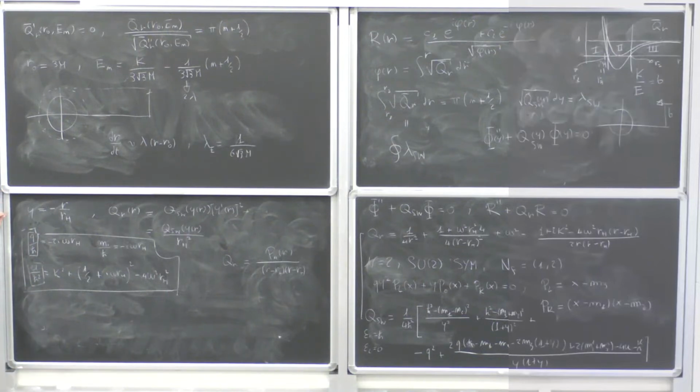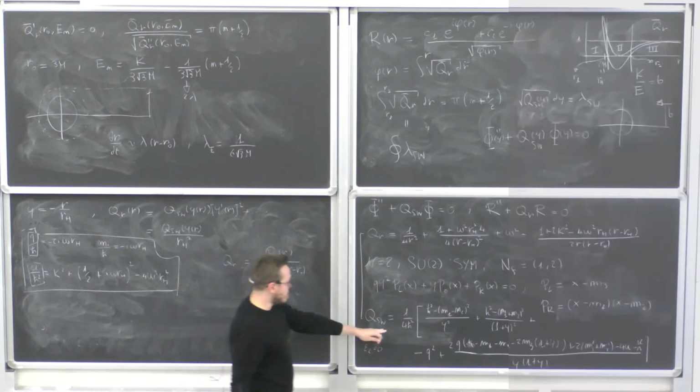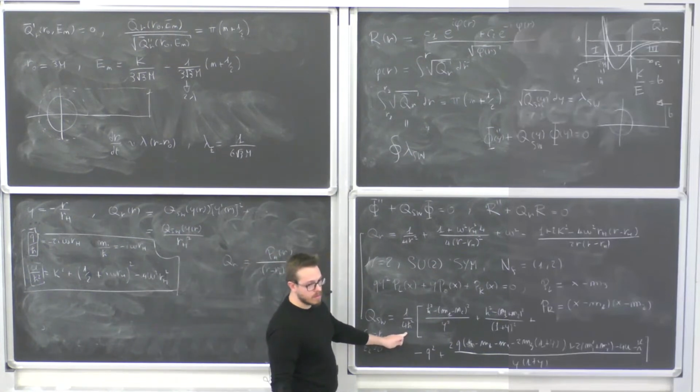The classical limit on the gauge theory side corresponds to h bar going to 0, and when h bar goes to 0, basically it's the WKB limit.